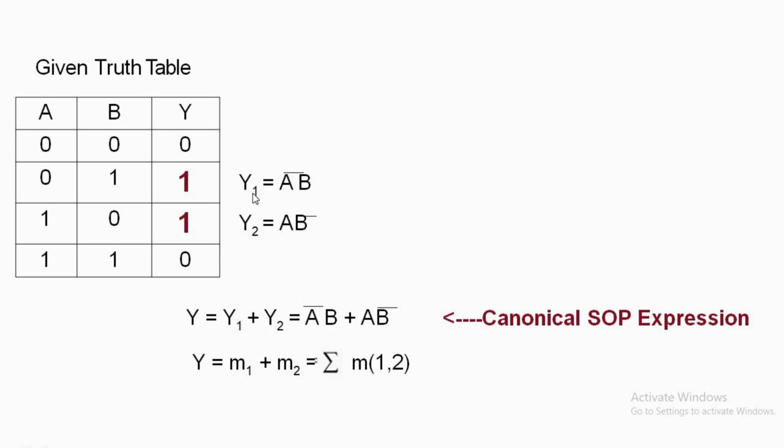For the second row, the term is A bar and B, because here 0 represents A bar and 1 represents B. Now for the third row, 1 represents A and 0 represents B bar. So these two product terms we have to sum together, Y1 plus Y2, that means A bar B plus A B bar. This we can write as m1 plus m2, which is equal to summation of m into bracket 1, 2. In this way we can write SOP form from a truth table.